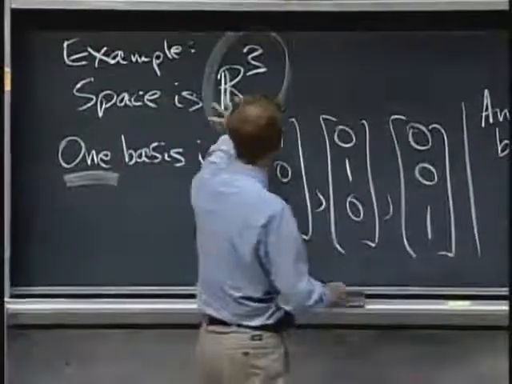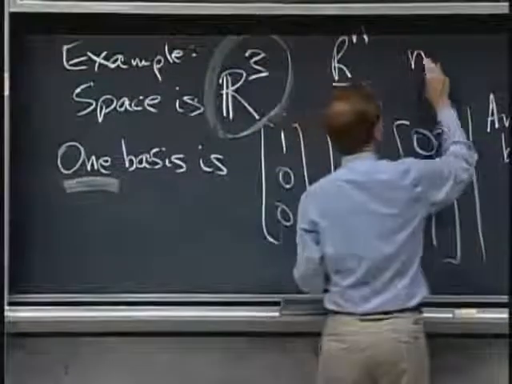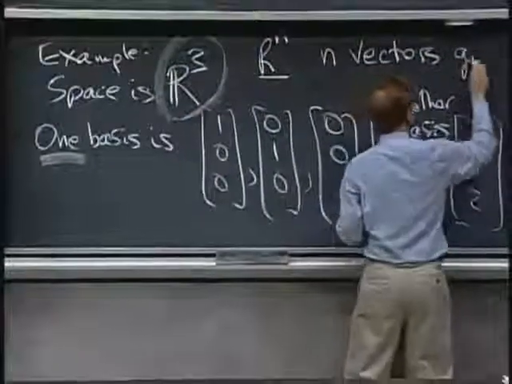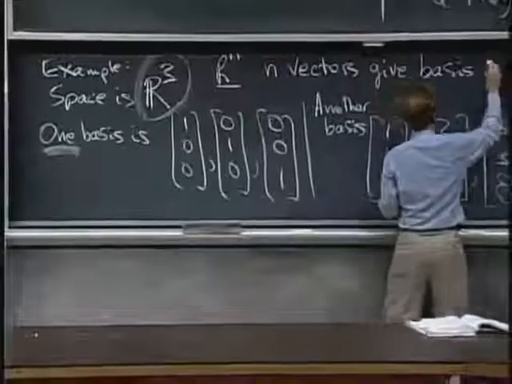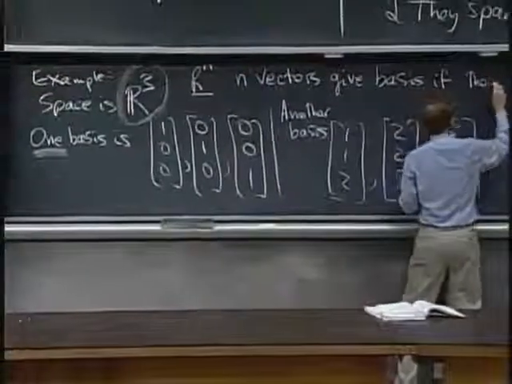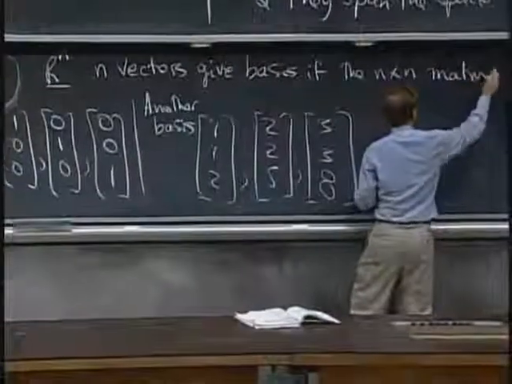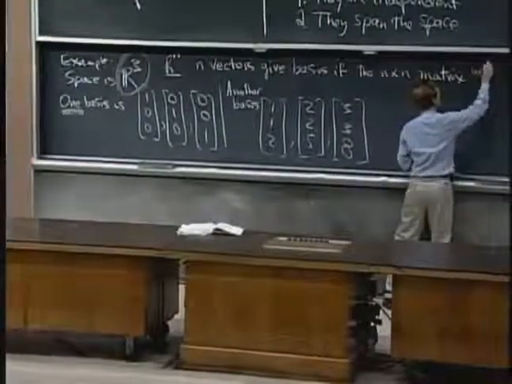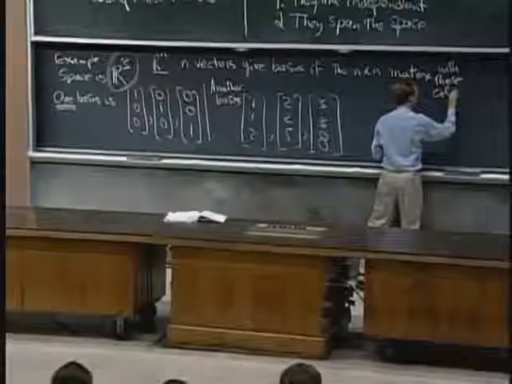So for Rn, if I have n vectors that give a basis, if the n by n matrix with those columns is what?